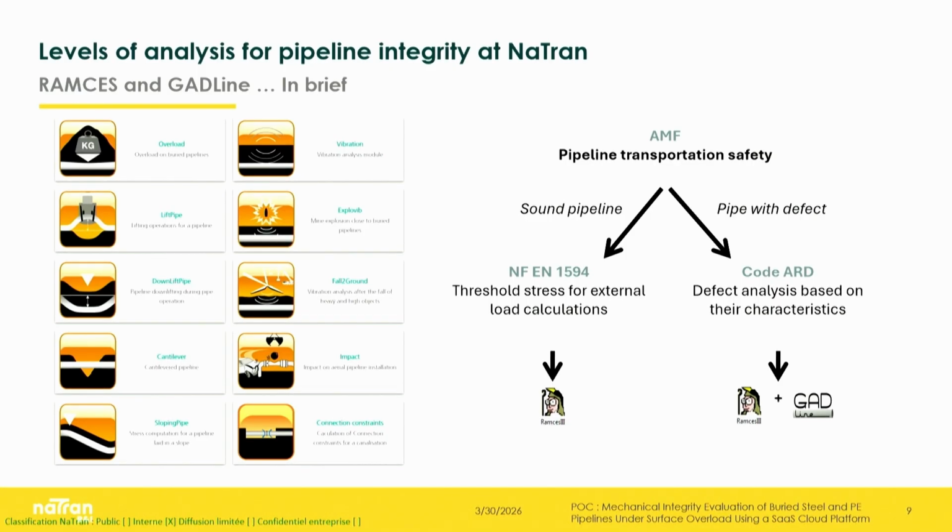For healthy pipelines, we have Ramses, which assesses the external loadings on the pipeline, and we have also Guideline, which stands for guide d'analyse de défaut, for the pipelines which contain defects.